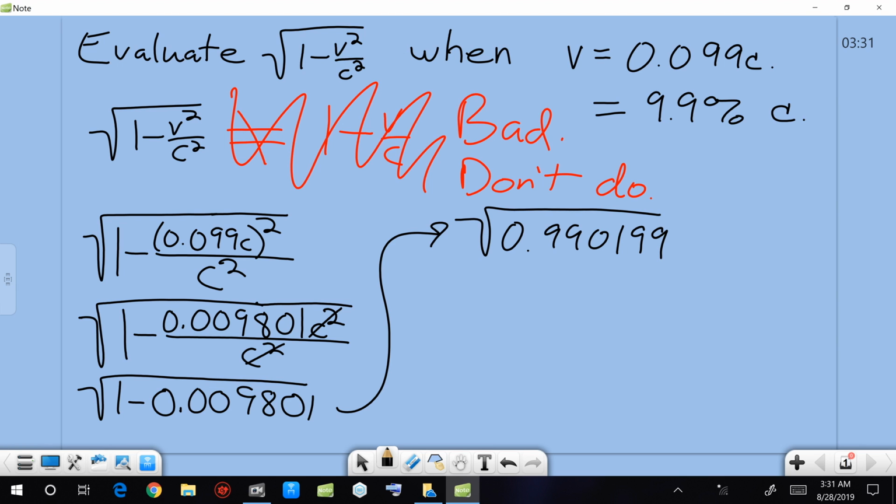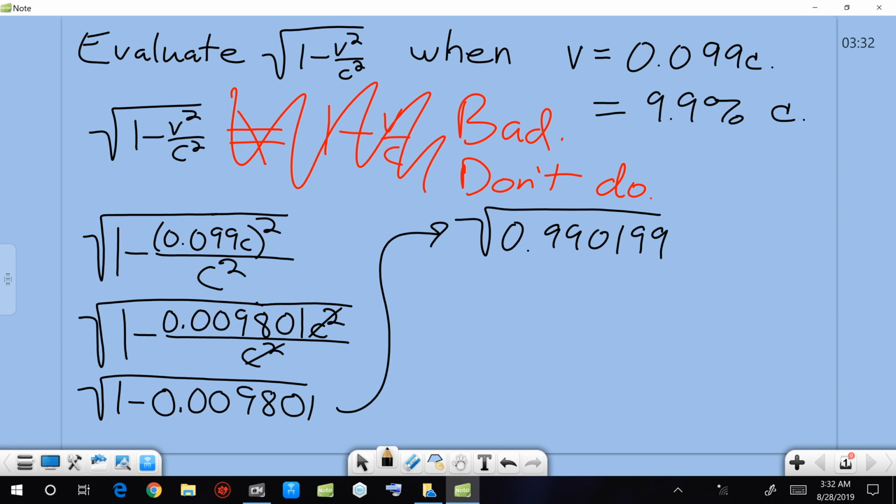Now, a very common mistake at this point is to think that this is your answer, 0.990199, but you're not done because you haven't dealt with the square root yet. So the last thing you need to do is take the square root of that number. In your calculator, the easiest way to do this, in my opinion, is raise it to the 1/2 power.